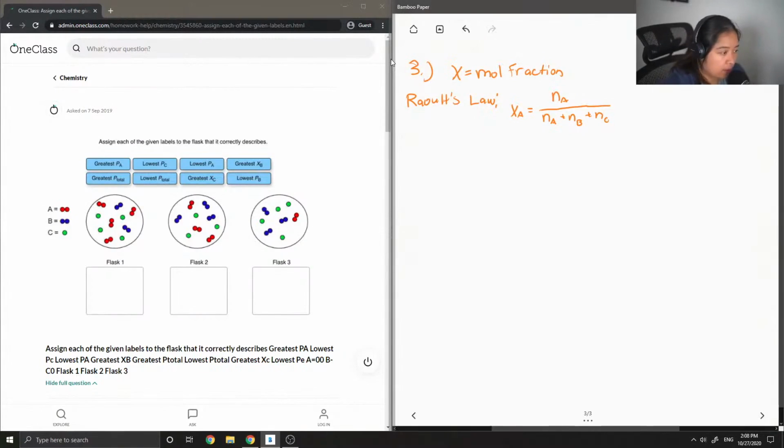So let's do it for flask 1. There are 4 moles of A plus 2 moles of B plus 4 moles of C. And then if you were to carry out this calculation, you get 0.4.